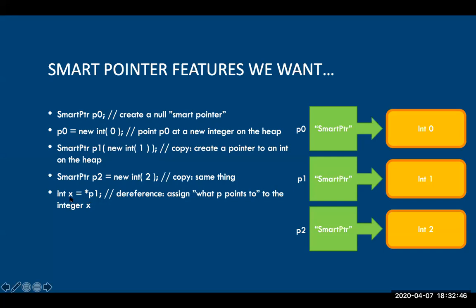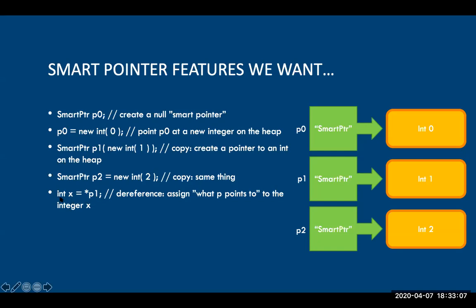So if we said, oh, I actually would like to get a copy of whatever you're pointing to, right? So P1, remember, P1 is actually just an instance of a class, but if we overload the star operator, we can actually make it behave as though we're dereferencing a real pointer, right?